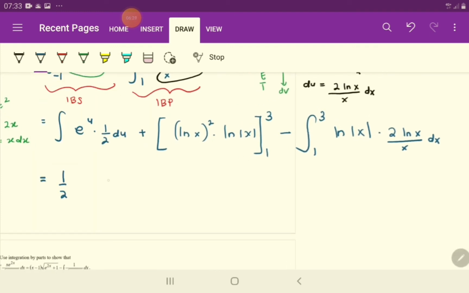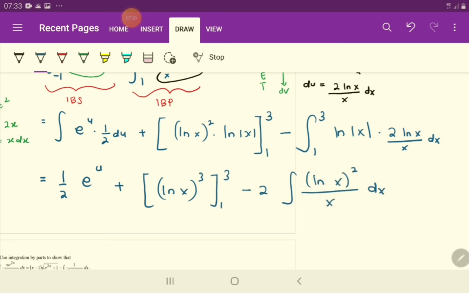I have 1 over 2, integrate e^u to become e^u, plus this can be rewritten as ln x to the power 3, and then the next part: minus the integral of 2 ln x squared over x dx, from 1 to 3.